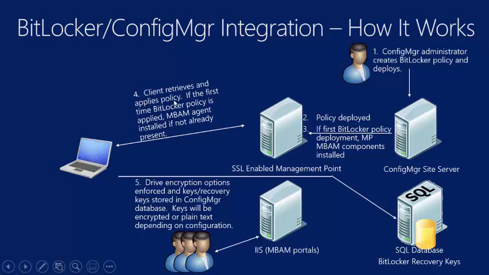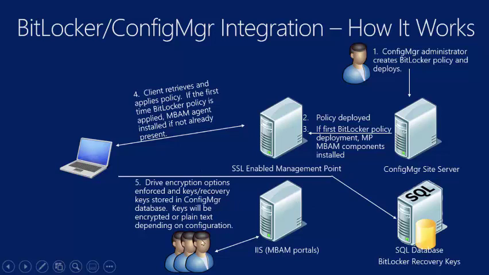If this is the first time that the policy is retrieved, BitLocker policy is retrieved by a client, then the MBAM agent will be installed automatically behind the scenes onto the client. Step number five, the drive encryption is going to happen. The recovery keys will be stored off to the ConfigMgr database.